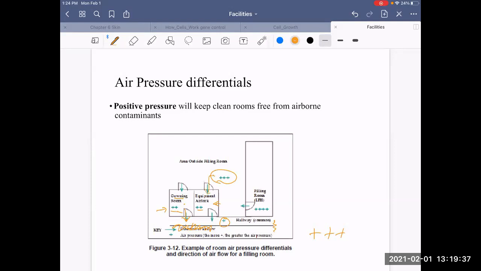So its air is always going to flow in this way. So our germy stuff is not going into there. And then the room where we're actually filling the materials, okay, where we're making the drug, putting it in the bottles, is even higher pressure. Okay, so the idea is the air that's out here has a very low chance of actually getting into here.